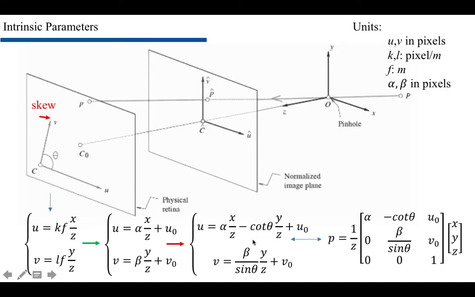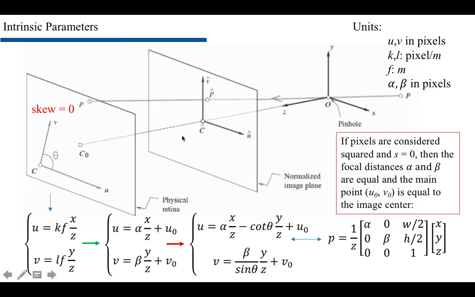This is the cotangent of theta, where theta is the angle between the u and v axes. And the same for the rest: in the case of v, we need to divide by beta times sin of theta. And well, this will be the more complete matrix operation that will implement this perspective projection.